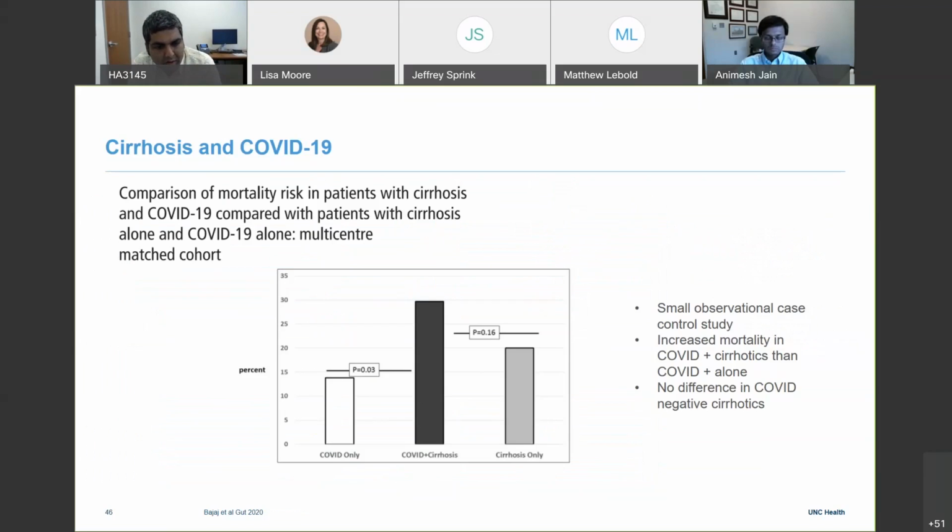When you compare it to those who just had COVID, that mortality was still a bit high at 15%. So definitely higher than what's been reported. But you can see that if you have cirrhosis as a comorbidity, they tend to do worse. Interestingly enough, though, with folks who just had cirrhosis without COVID-19, the mortality was actually not that much different. But we just know that if you have cirrhosis and you get COVID, it's a bad combination.